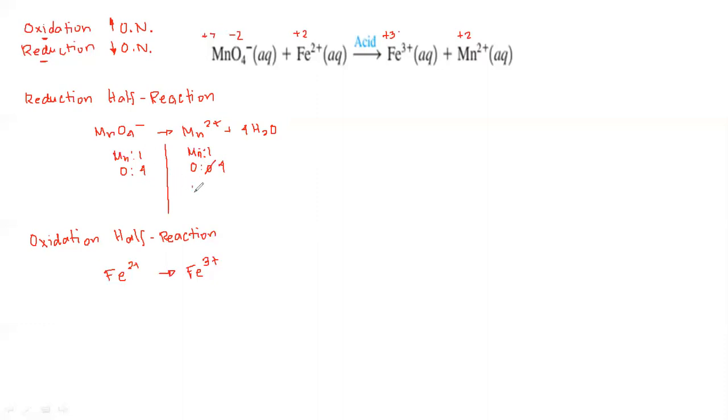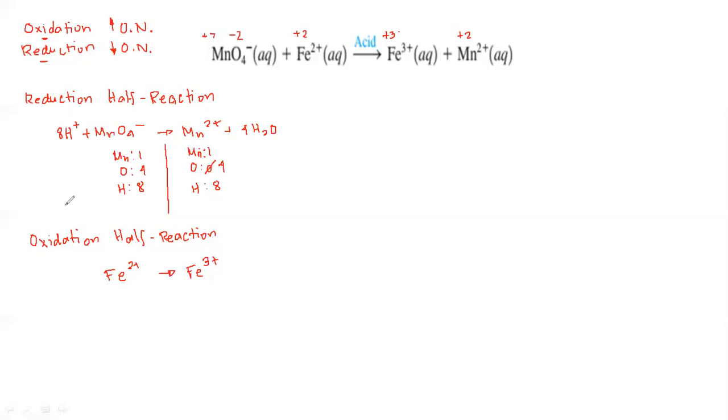But we have additional elements, which is the hydrogen with 8. To balance hydrogen, we need to add hydrogen plus at the left side. We're going to add 8 hydrogen plus to balance the elements. Okay, so now we already balanced all the elements in both sides. Next, we have to look at the charge of each side to see if it's balanced.